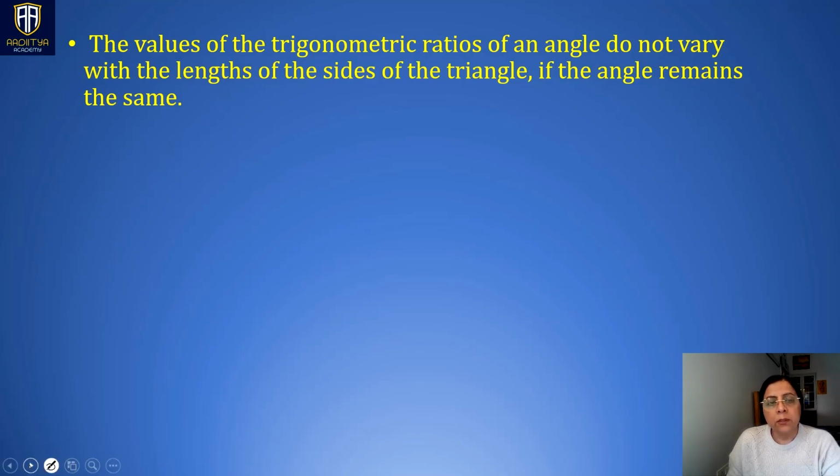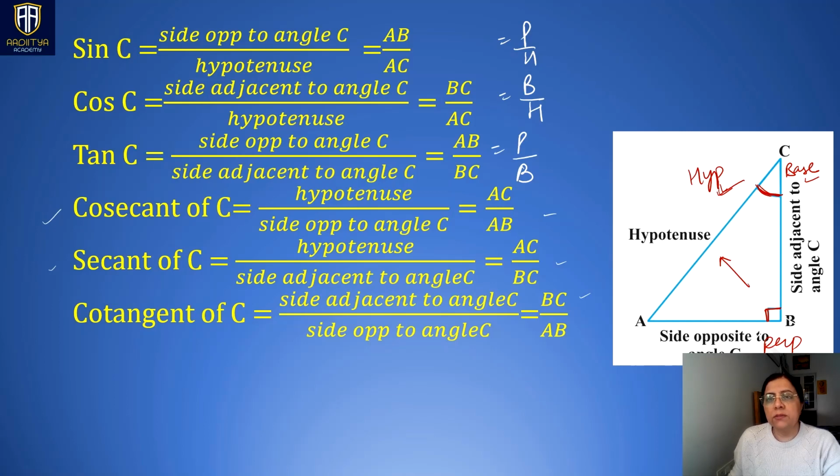So you can see that if this angle is a fixed quantity, let's say this angle is 60 degrees, whatever sides you may take, this triangle may be a smaller triangle, this triangle may be a bigger triangle, but if this angle is 60 degrees, the ratio of two sides will always remain the same, whatever the values of sides may be. Since it is a ratio for a particular angle, it always remains the same, right?